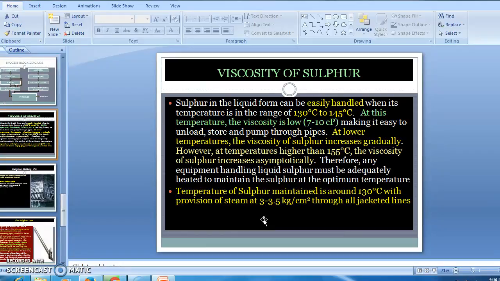Now there is a requirement that sulfur has to stay in liquid form. The feasible range has two considerations. One is that it has to stay liquid. Second, it should have a viscosity which can be easily handled. At 130 to 145 degrees centigrade, it is observed that the viscosity is as low as 7 to 10 centipoise, whereas as you increase the temperature, the viscosity increases, and it would be difficult for a pump to pump it, or the amount of energy required would be more.